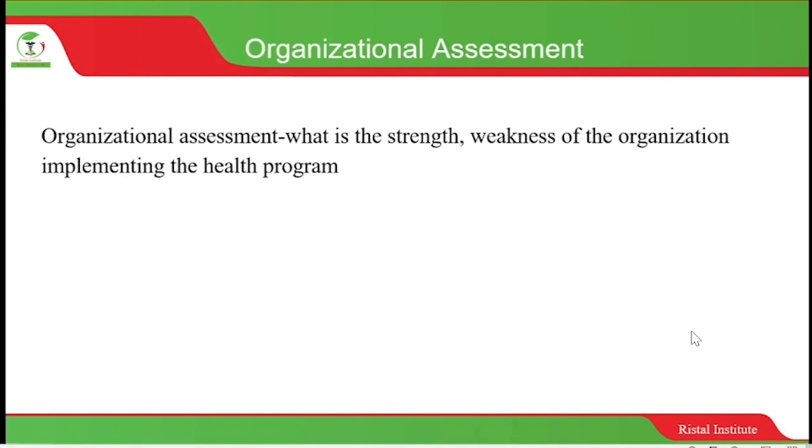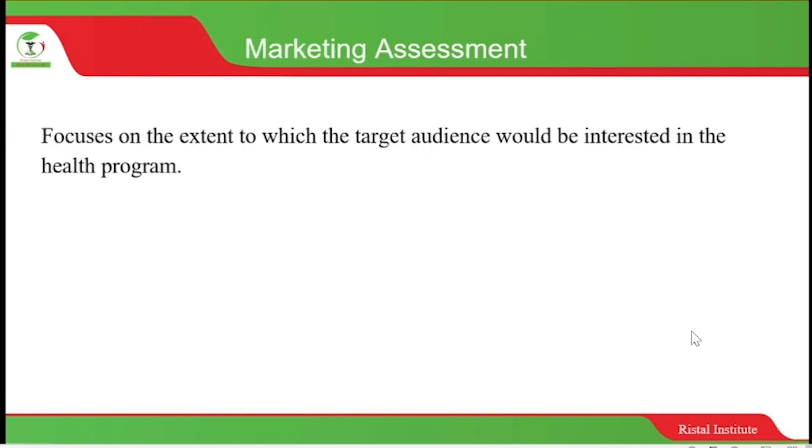Could it be resource constraints, staffing? The data you get will help you to make a better decision. That is organizational assessment.